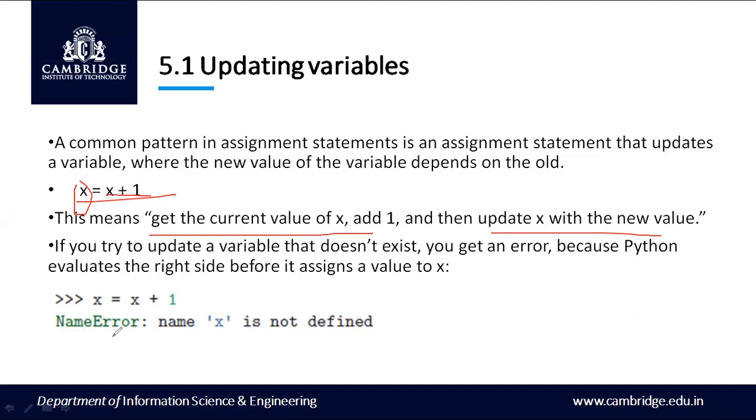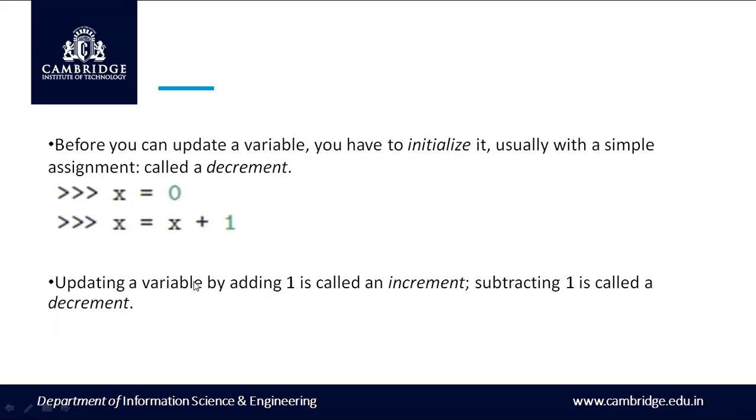But if we execute this, you can see x is not defined. To rectify this problem, we have to assign a value to x before updating the variable. That is what updating variables means. Suppose I assign a value for x, and then I execute the statement x is equal to x plus 1.